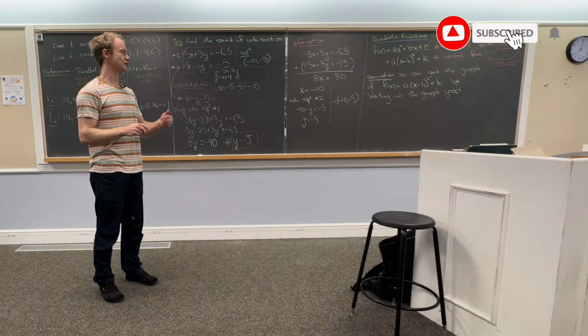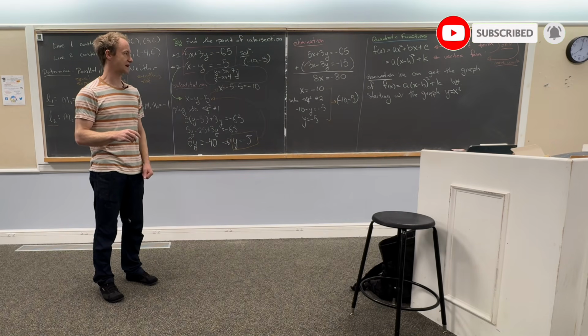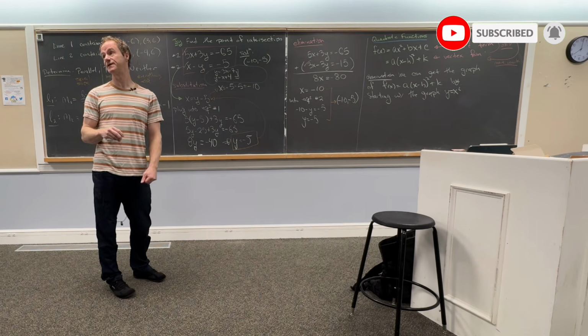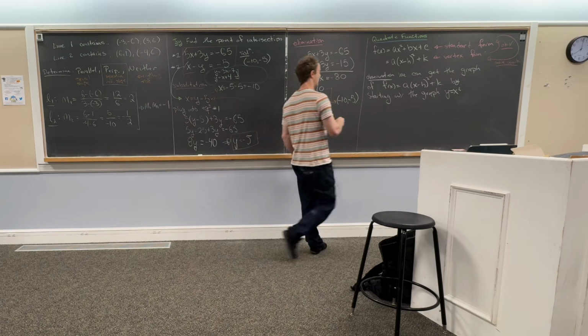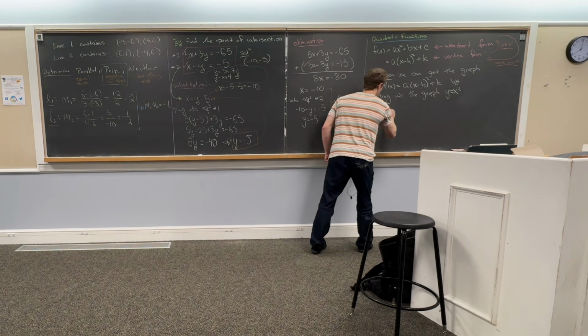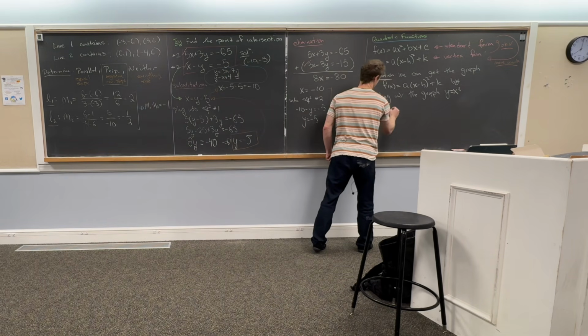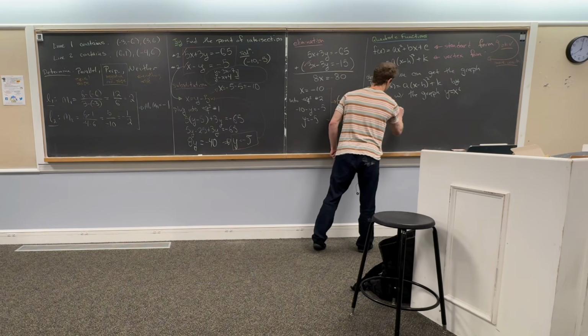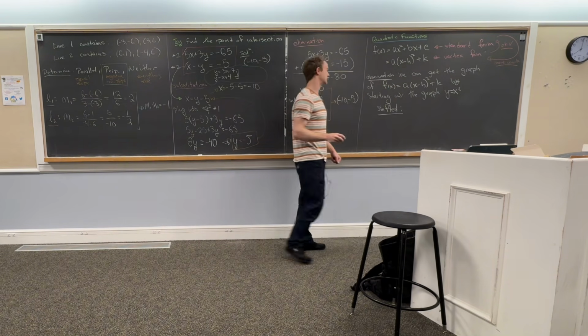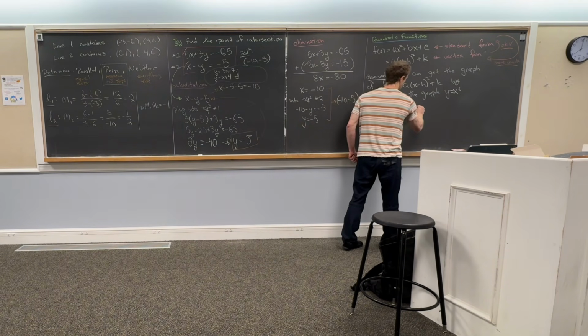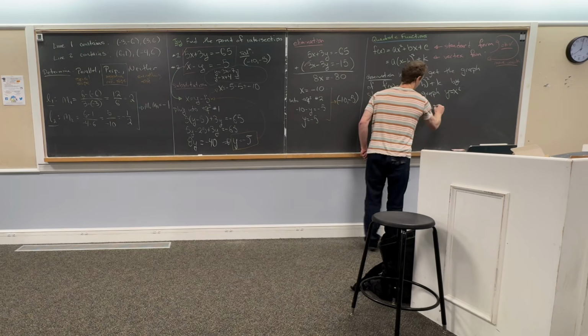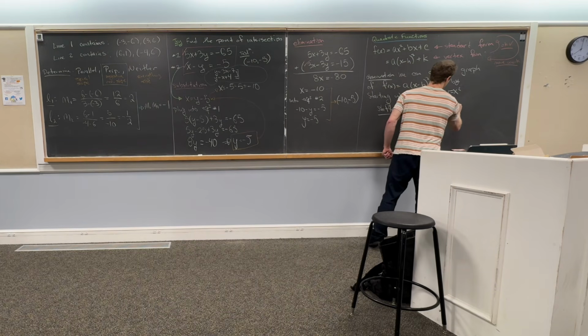So we started with the graph y equals x squared, and then there was some shifting. What was the shifting in this case? Right h, up k units.